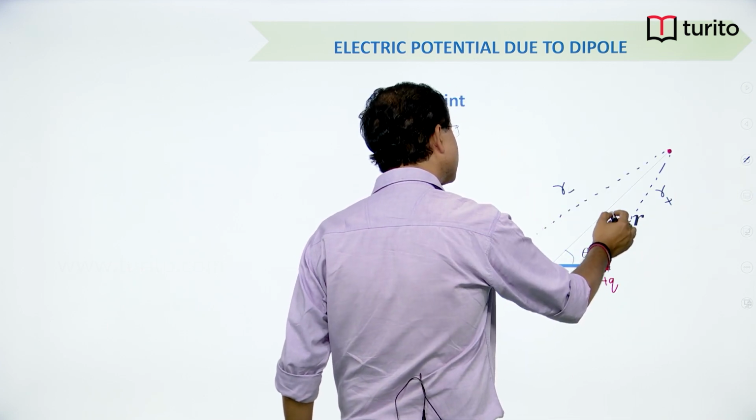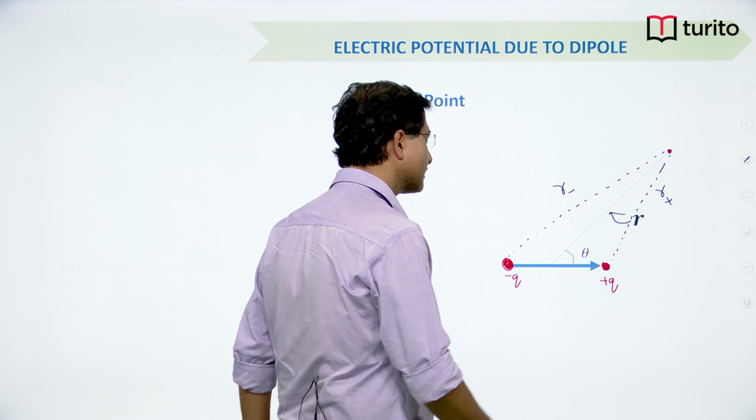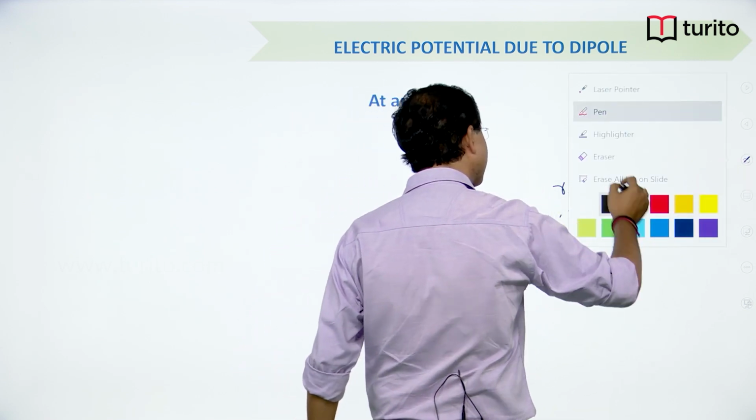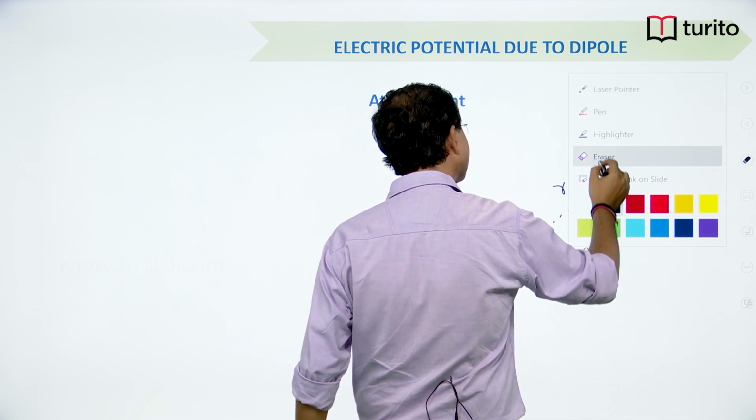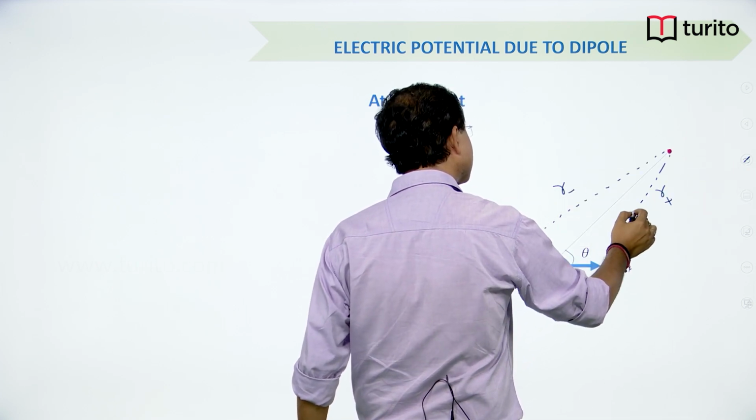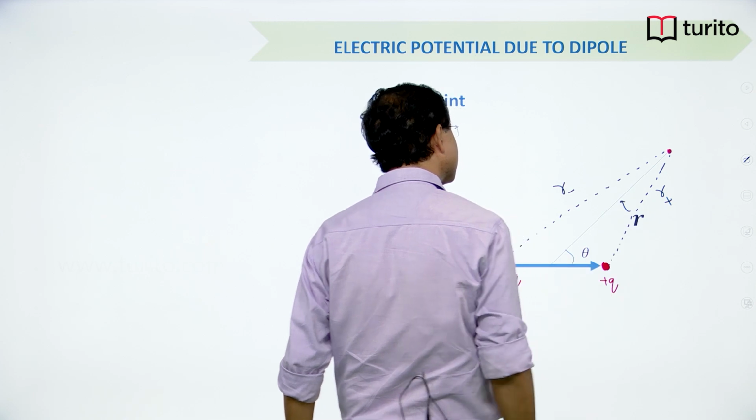So this r is this distance, right, do not get confused. This r is this distance, right.